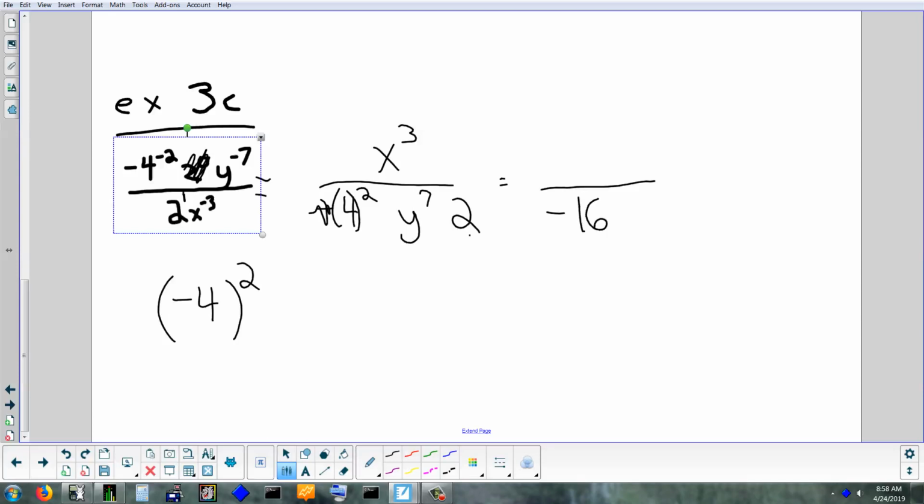All right? Everything else, I'll bring over. X to the 3, y to the 7, 2. Same base, same level. I got an x on top, there's nothing else. I got a negative 16 on the bottom, I got a y, and I got a 2. None of those things are the same.